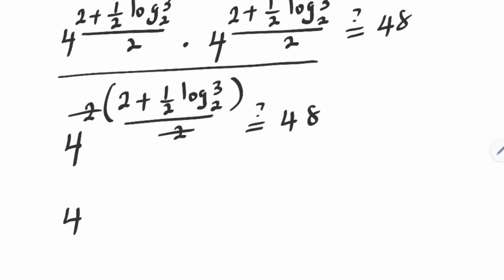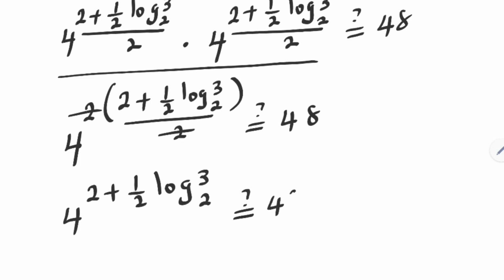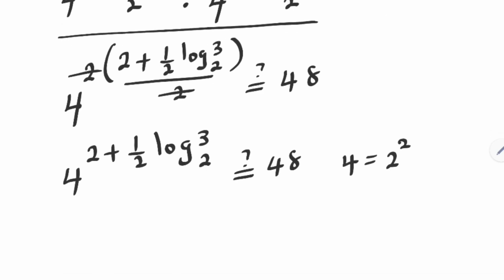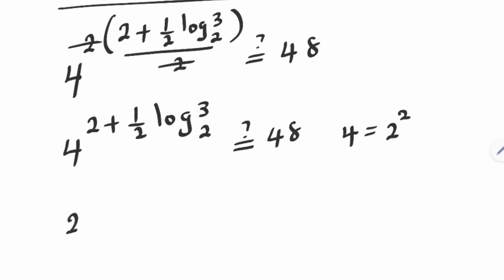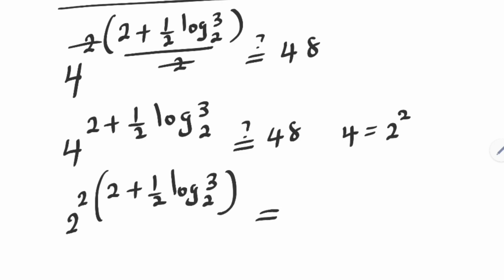Then we have 4 raised to power 2 plus 1 over 2 log 3 base 2 must be equal to 48. Now 4 is equal to 2 square. So here we have 2 raised to power 2 bracket 2 plus 1 over 2 log 3 base 2 must be equal to 48.